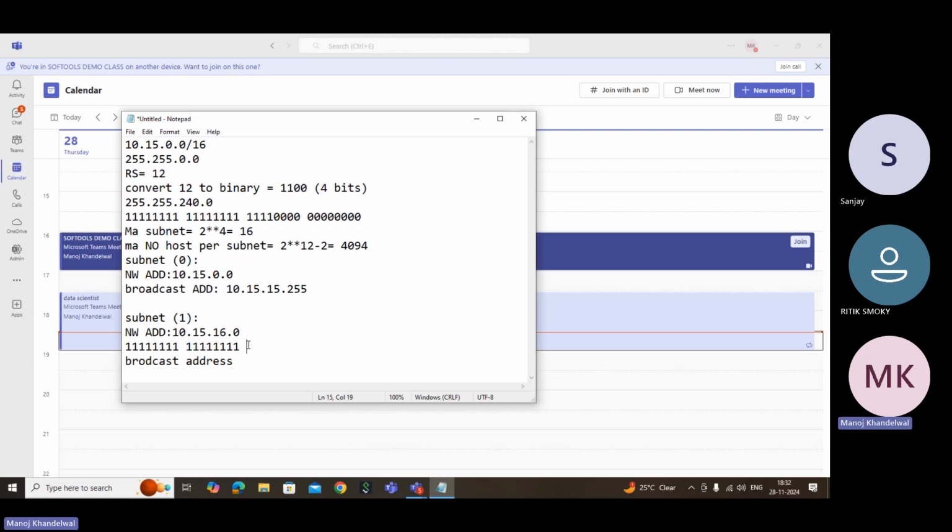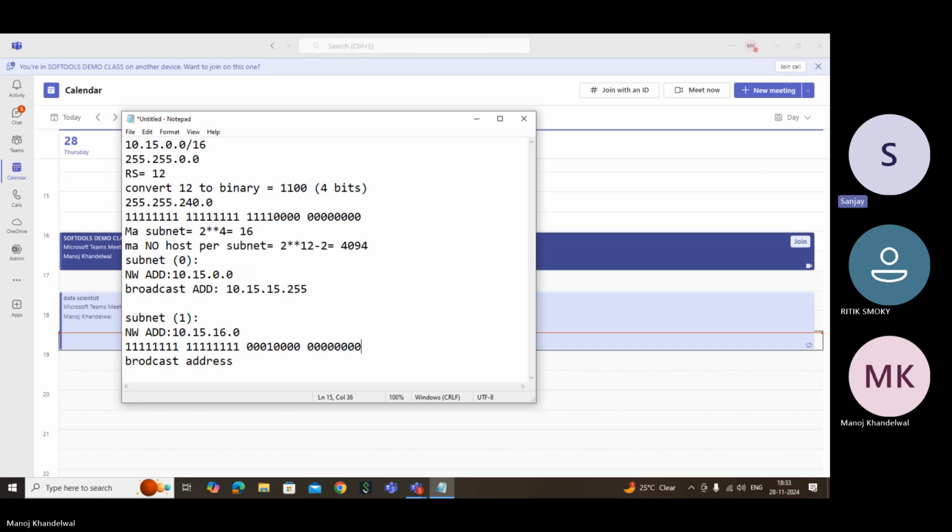If we write 16 in binary, that will be 1, 2, 4, 8, and after that 16, that means 1, then all zeros. It's like that, clear, right? And here 0, 0, 0, 4, 5, 6, 7, 8.